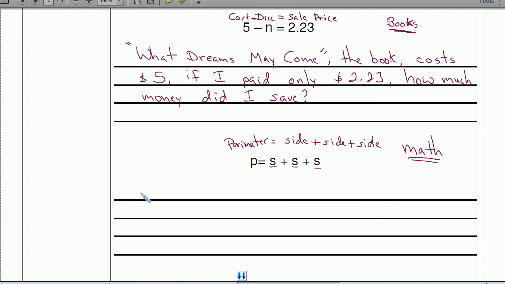I'm going to say a Dorito chip. I like chips too. A Dorito chip is in the form of an equilateral triangle.